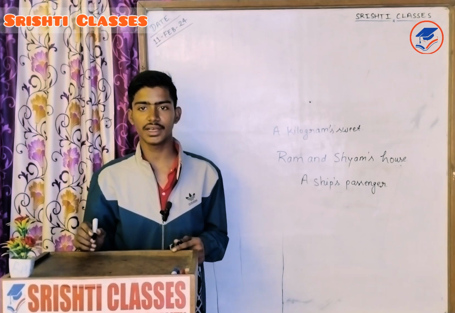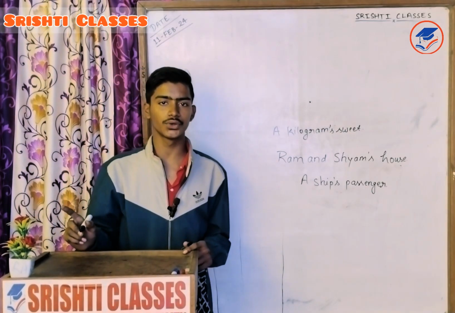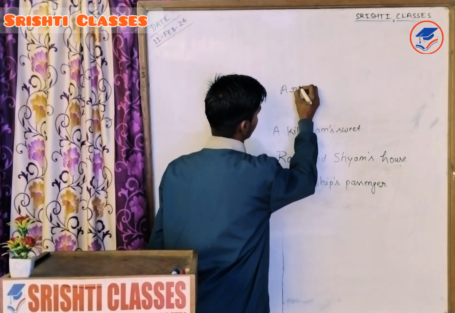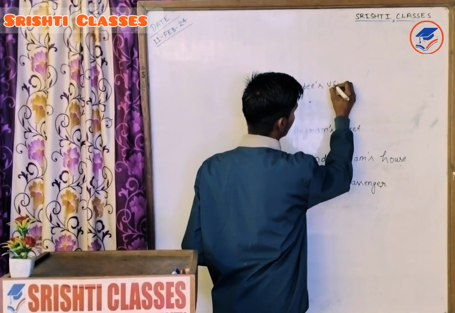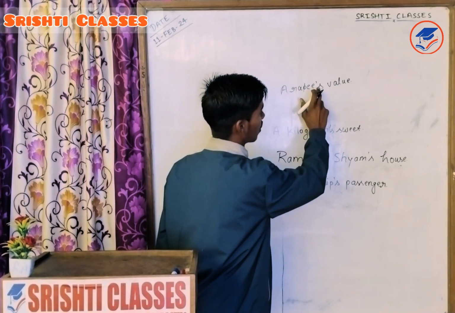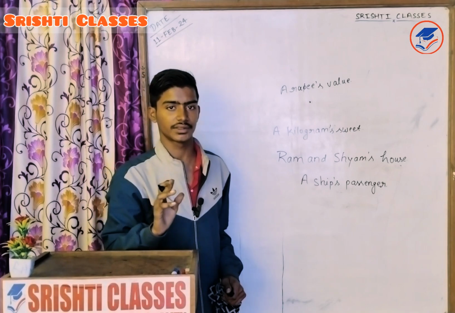We use apostrophe s with units of money. If value and word are used, for example, a rupee's value. If value is used, then we use apostrophe s. If value is not used, then we do not use apostrophe s.